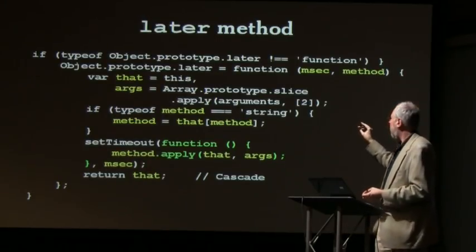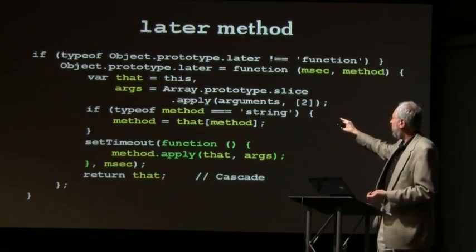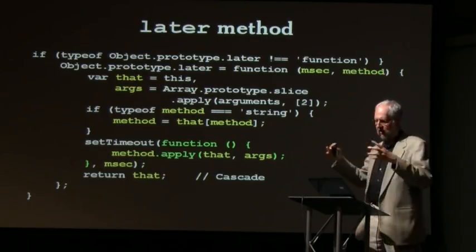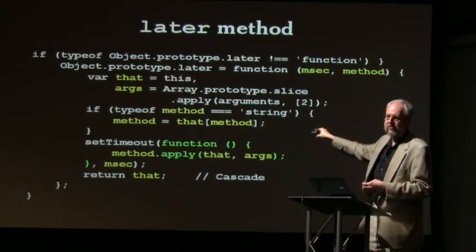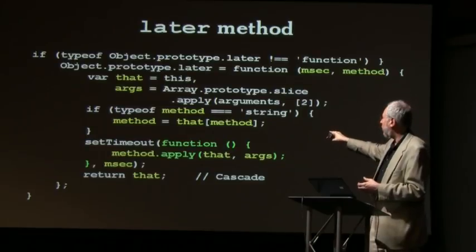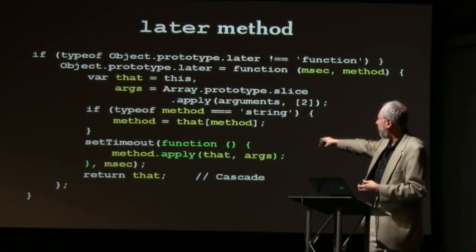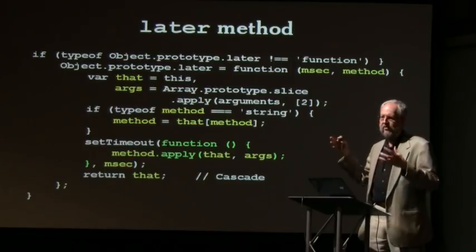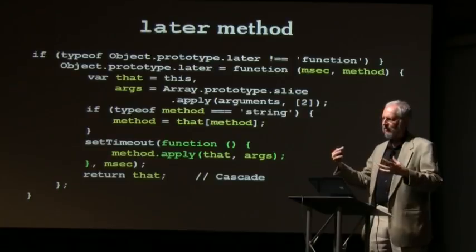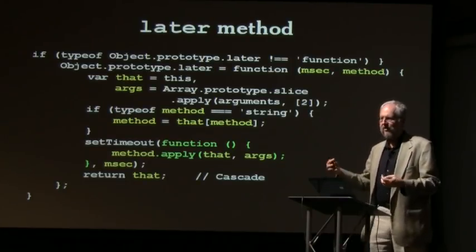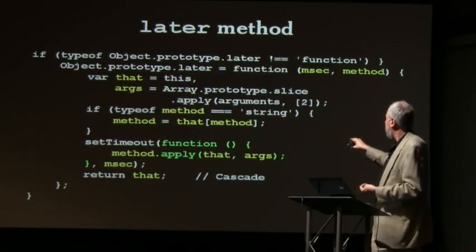So in this case, if we don't already have an Object.prototype.later method, we're going to define one, and we're going to pass in the number of milliseconds and the method. Then we'll create an array of the additional arguments. We're binding that to this. It's doing the thing I showed you before, because in the green function, we're going to want access to this, but this doesn't work. This is not captured in closure, but that is, and so that's how we get that into it.